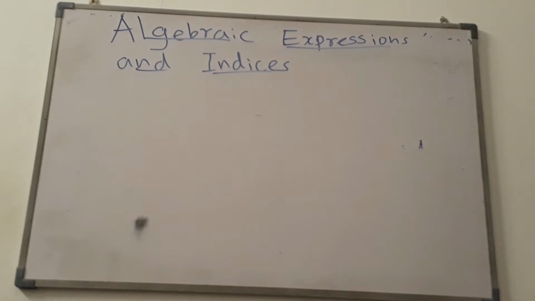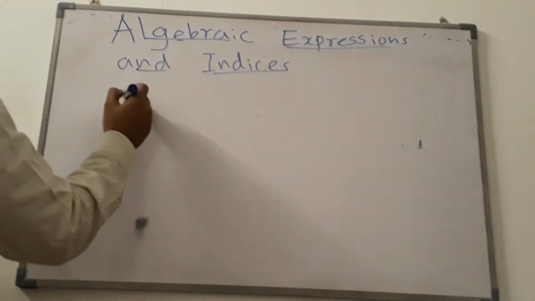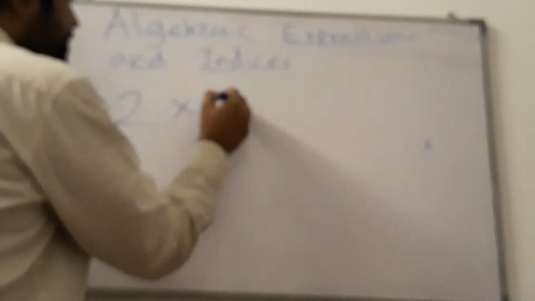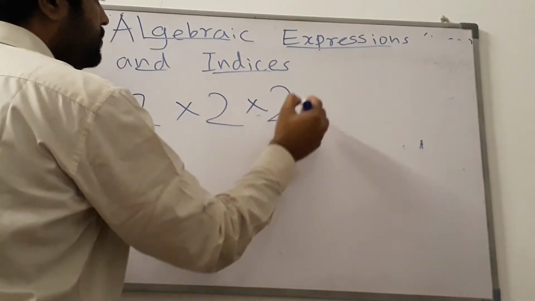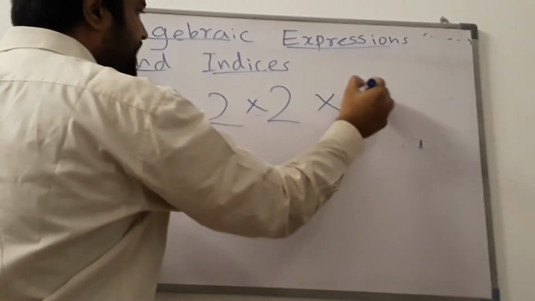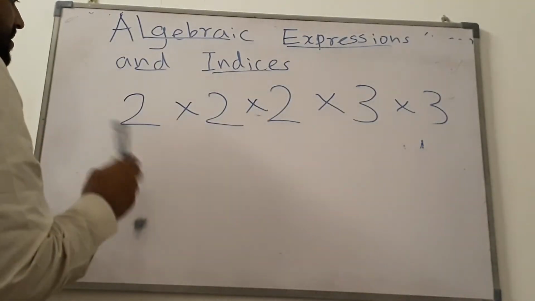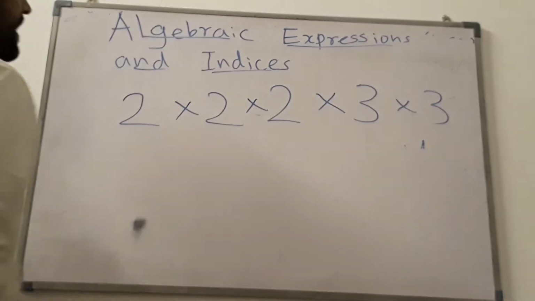Next, now suppose a combination of numbers such as 2 times 2 times 2 and times 3 times 3, where we multiply 2 by itself thrice, or 3 2's multiplied with each other.